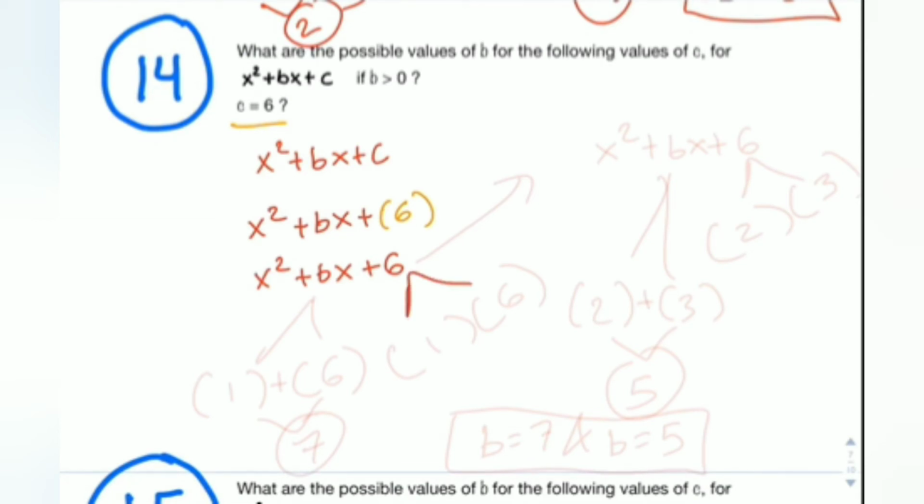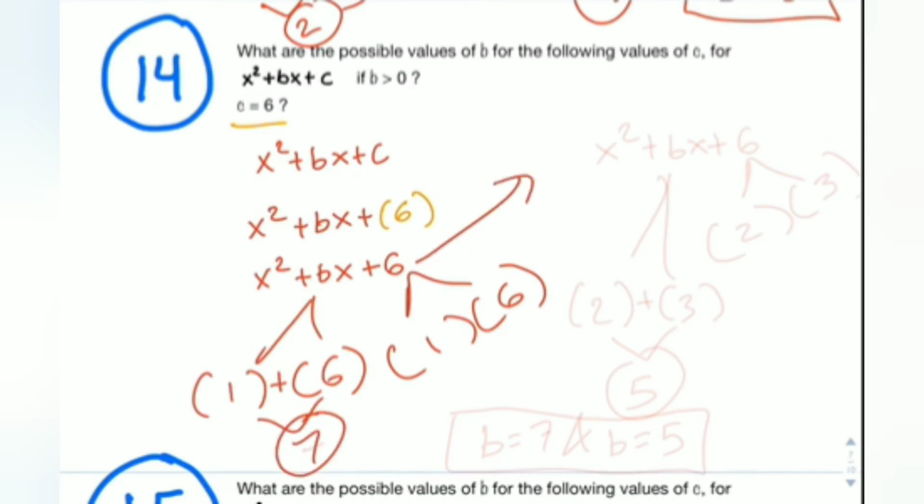So we need two numbers that multiply to 6, and when you add them, give us b. Two numbers that multiply to 6 is easy. We will start with 1, so 1 times 6. The addition of 1 and 6 is 7, so that's one answer. I'm going to jump to this step: bx plus 6.